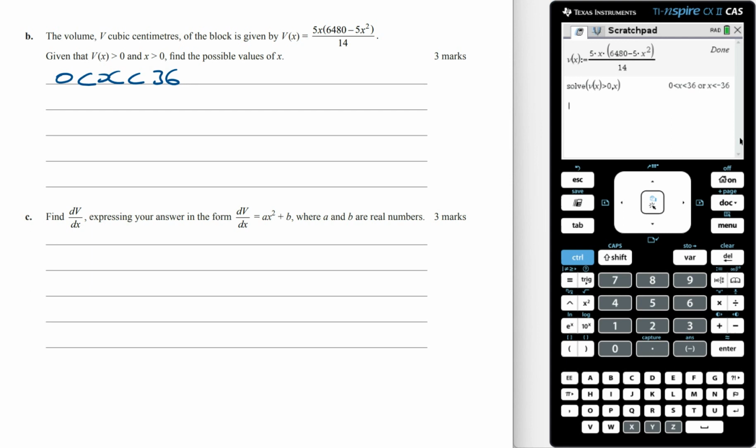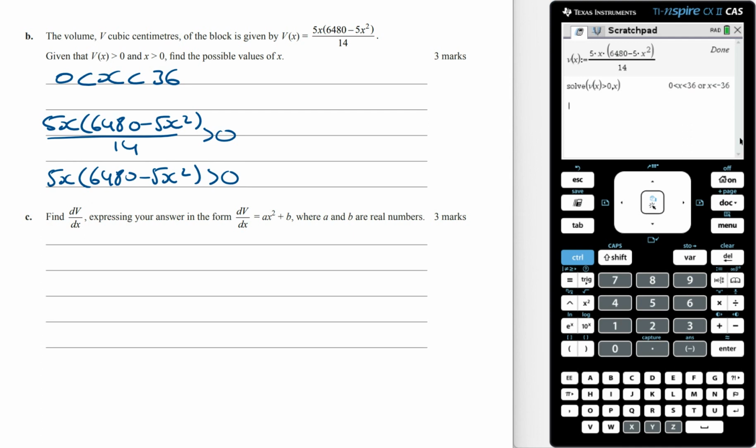then we would say set v of x to be larger than 0, and so 5x times 6480 minus 5x squared over 14 would be larger than 0. Multiplying both sides by 14, we would get 5x times 6480 minus 5x squared is going to be larger than 0.